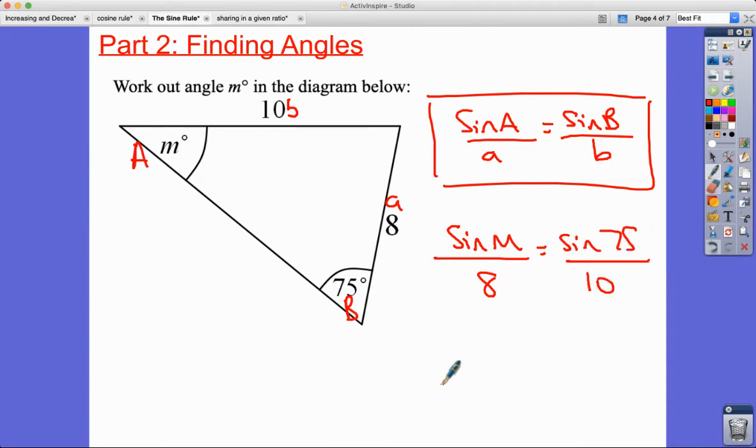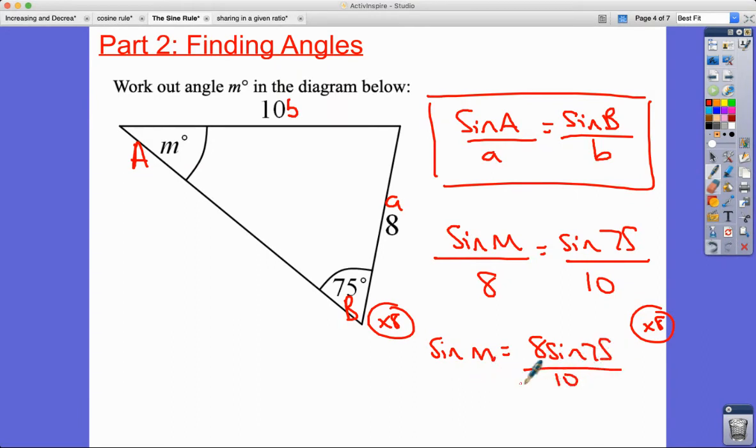Now there's actually two steps that I need to take at this point. This first one is like before, I'm just going to times by this denominator of 8 to get the sine M on its own. So sine M is going to be 8 sine 75 over 10. And then there's just one more step. When I've got that answer in my calculator, all I'm going to do is inverse sine it.